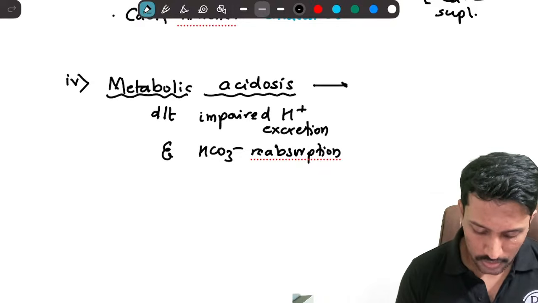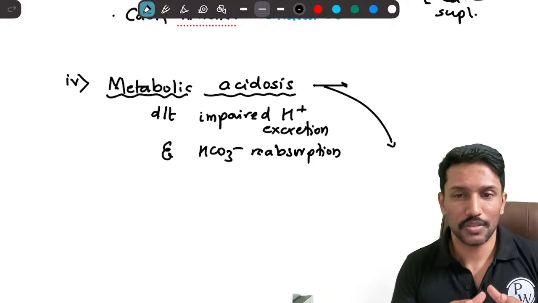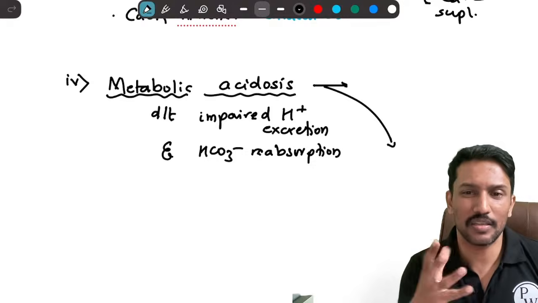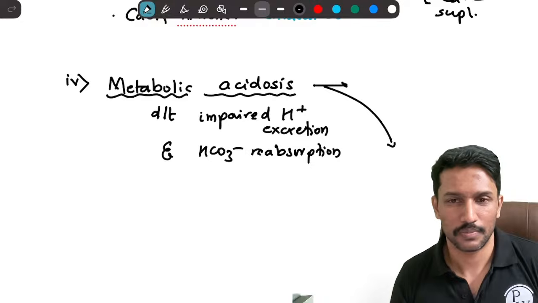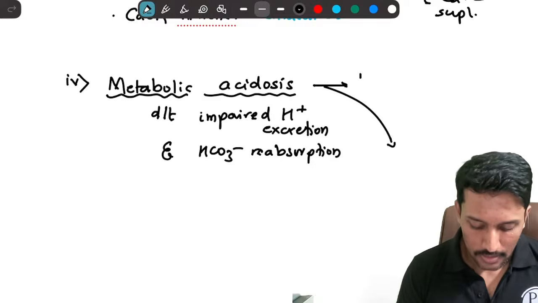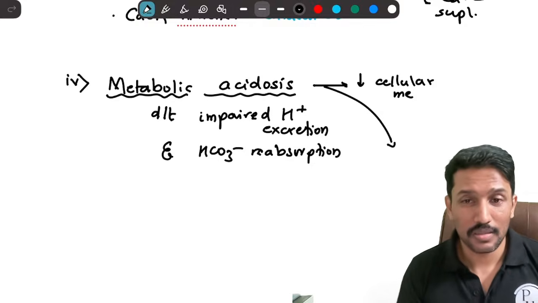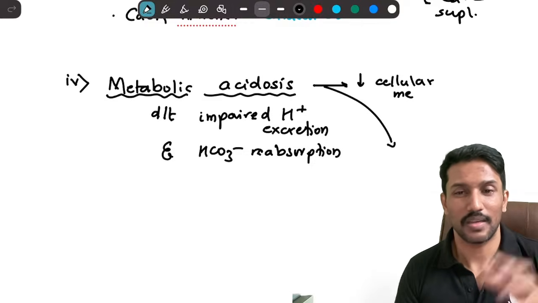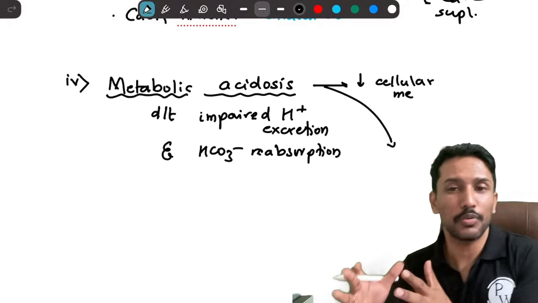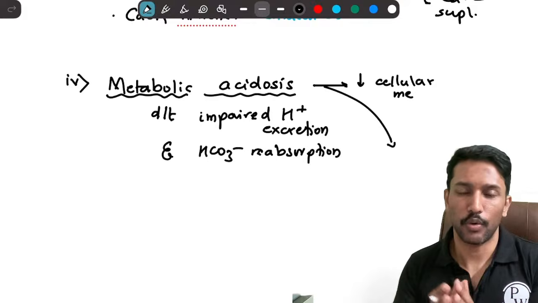The acidic pH is not good for a lot of biochemical reactions that happen at the cellular level, mitochondrial level. So because of that, the cellular metabolism gets affected. So you'll have decreased cellular metabolism, because all these biochemical processes like the Krebs cycle that you study in biochemistry function perfectly well in the normal pH range of 7.35 to 7.45.